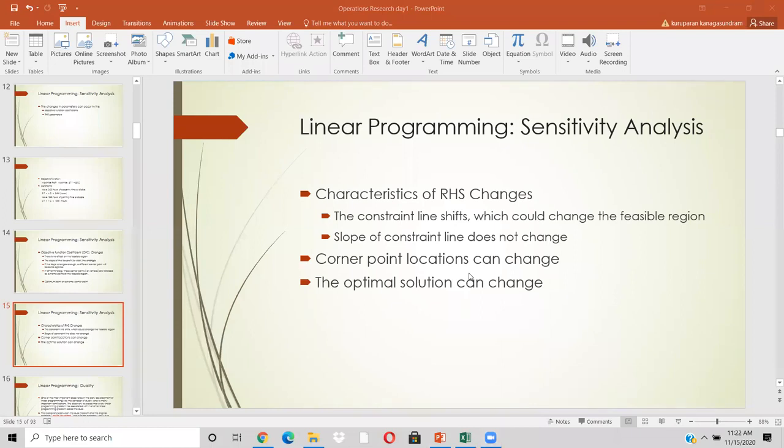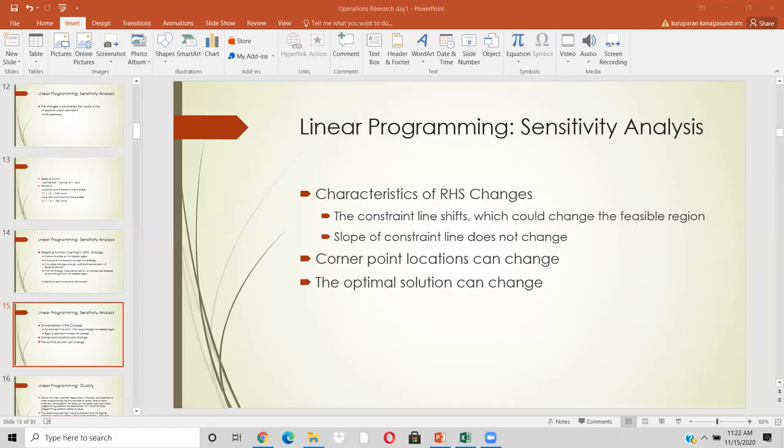If I change the RHS part of the constraint, it will change. Okay, the feasible region will change, and the optimum points will also change.